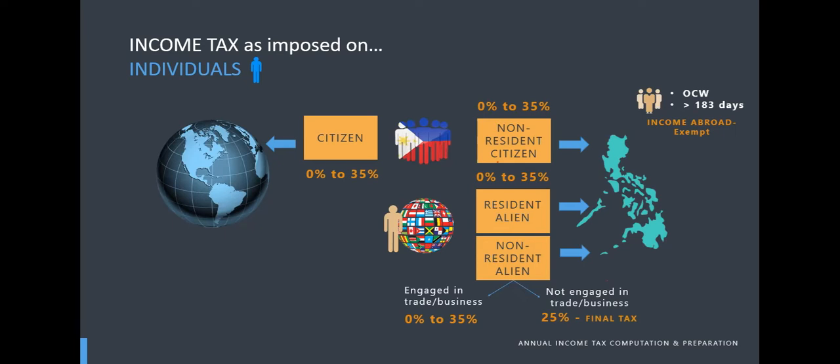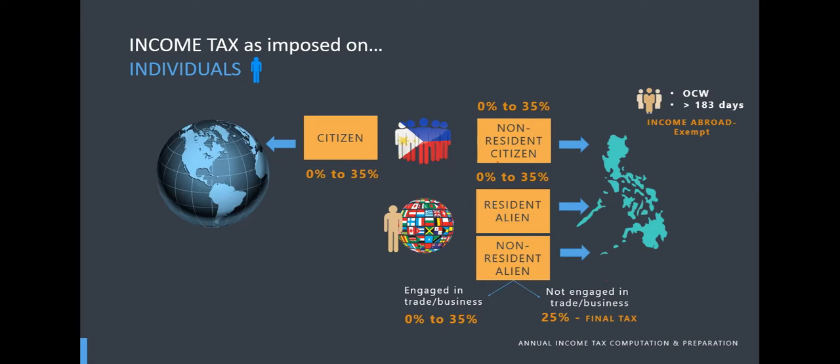If the non-resident alien stayed here in the Philippines and performed services within a period of less than 180 days, then he is not engaged in trade or business. If it is more than 180 days, then that non-resident alien will be considered as engaged in trade or business.